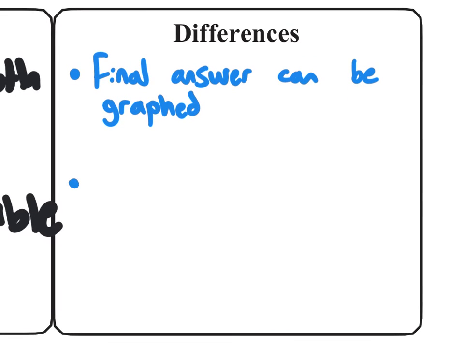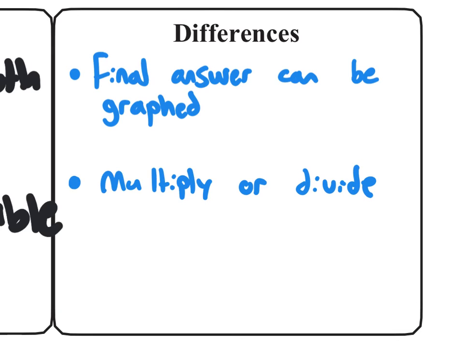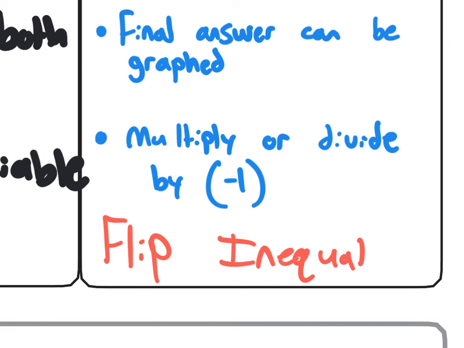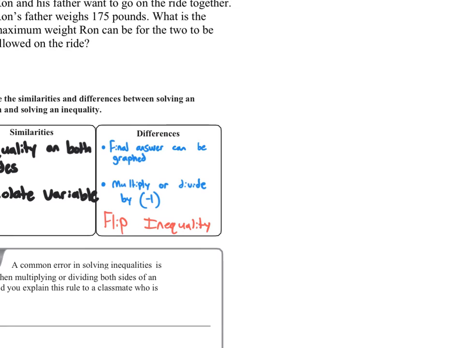And then also another difference is when you multiply or divide by -1. That causes something interesting to happen, right? And if you guys recall, if you multiply or divide by -1, you must flip the inequality. And here is why, and we don't even have to toss in a variable to understand why.